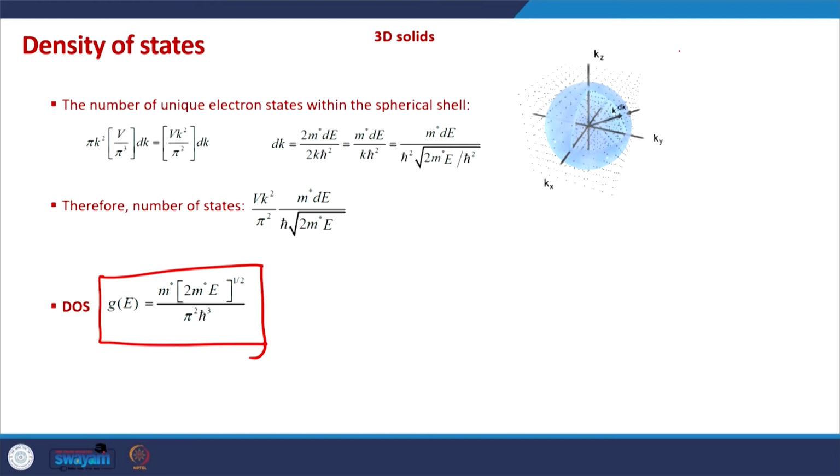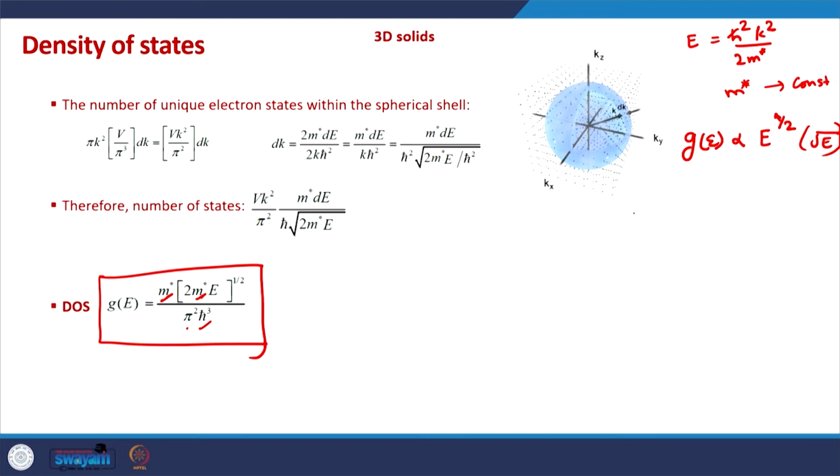So, m star is constant if we assume that the E-k relationship is parabolic. In that case, m star remains constant. Pi and h bar are other constants. So, essentially G(E) is directly proportional to E to the power half, square root of E basically.